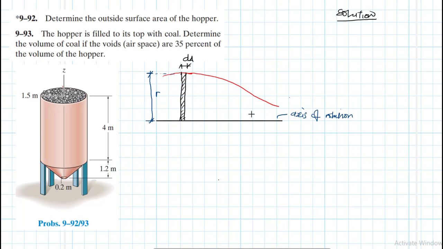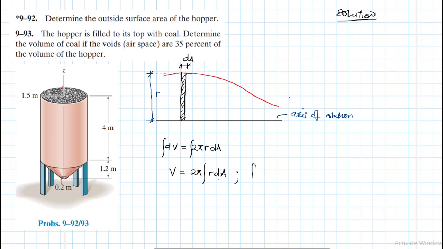So if we rotate this 360 degrees, which is 2 pi, around the axis of rotation, then we are going to get a very, very small volume we are calling dV. And this dV is going to be equal to 2 pi r. Again, remember, what is this? This is again the circumference. Then times dA, and this gives us a very, very small volume. And if we integrate both sides, then we'll have volume equal to 2 pi integral of r dA.